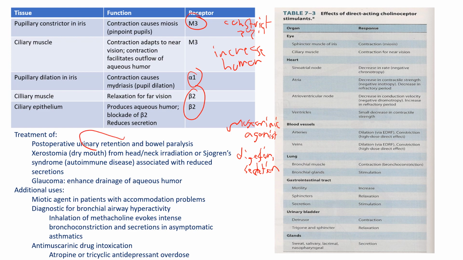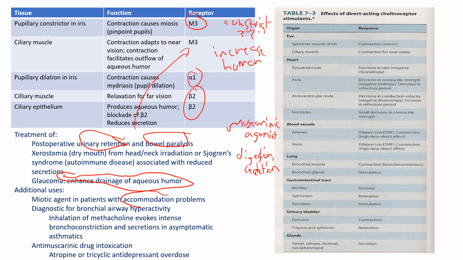Urinary retention and bowel paralysis, right? This kind of makes sense. We're moving more things through our GI tract. Xerostomia, dry mouth, can be treated by producing more saliva. Glaucoma, increasing drainage and production of aqueous humor. Again, this goes back to this M3 up here. You're making more.